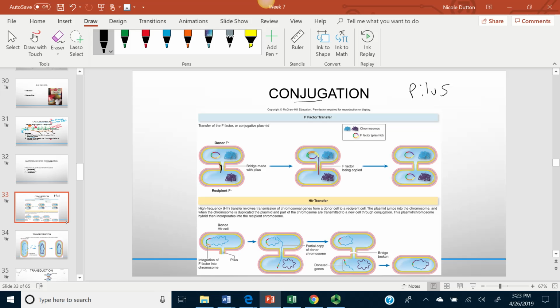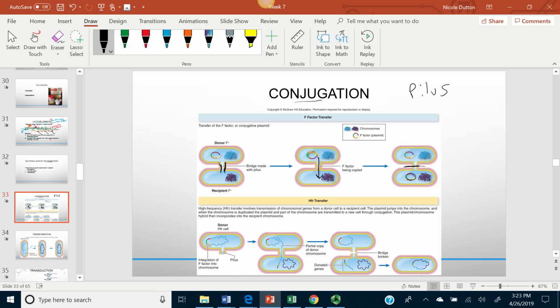Now the pilus is a tunnel that allows a replicated plasmid to go through from one cell to the next. Once it gets into the next cell, it will go back into a circular structure, and then the pilus will be severed off. So it's a way to hand out genetic material to neighboring cells.